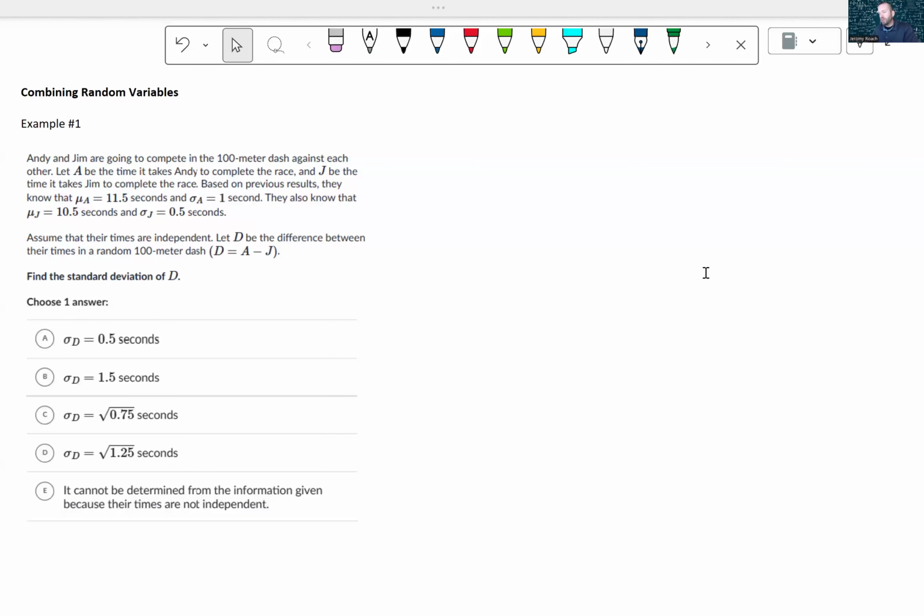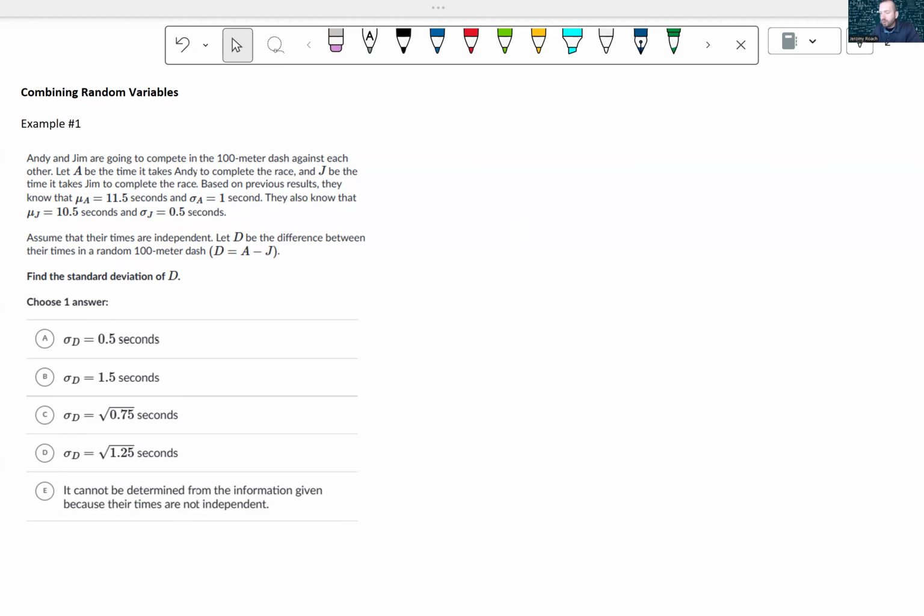So this first example is about two people that are racing. They're going to be racing a 100-meter dash against each other. And it says, let A be Andy and J is Jim. And that's the time that Andy completes the race, and J is the time that Jim completes the race.